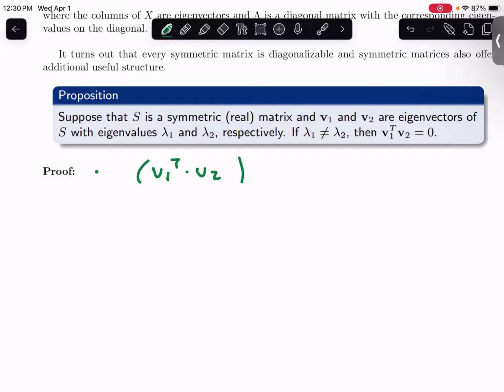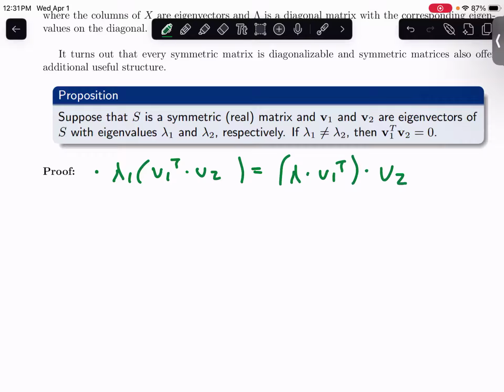And we want to do things involving lambda 1 and lambda 2. So I'm just going to multiply this thing by lambda 1. Again, maybe it's a little bit unintuitive where this is coming from. I'm just taking all the things we care about and putting them together into an equation. And so I'm going to move the parentheses around to shift focus around these two terms instead. So I can rewrite this as lambda times V1 transpose times V2.